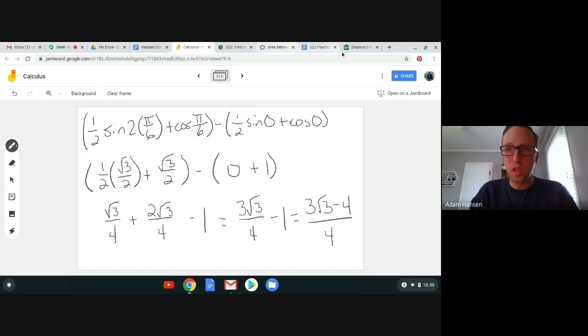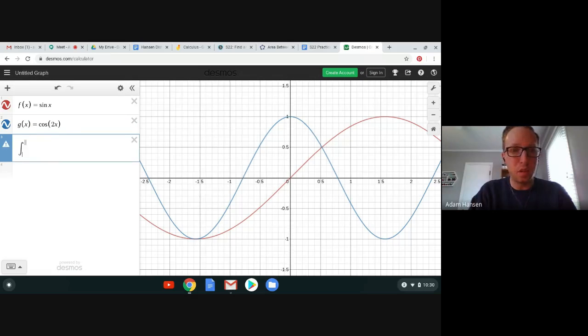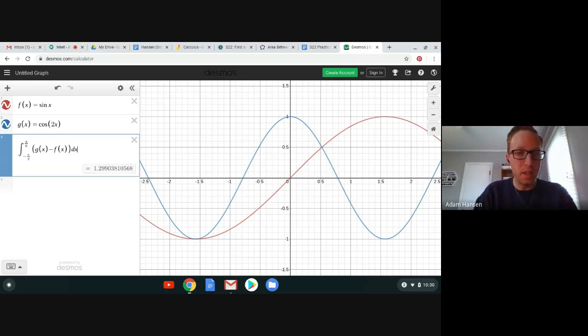Let's double check our work on Desmos. The integral between negative pi over 2 and pi over 6 of quantity g of x minus f of x dx. Okay, I get about 1.299 as a decimal approximation. Hopefully 3 square root of 3 minus 4 over 4.